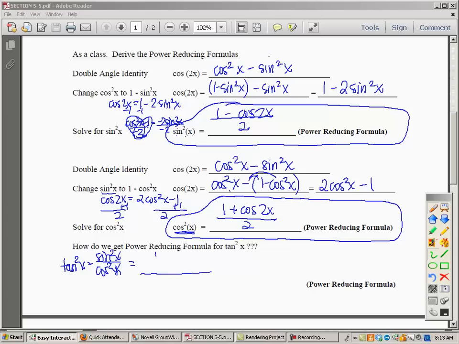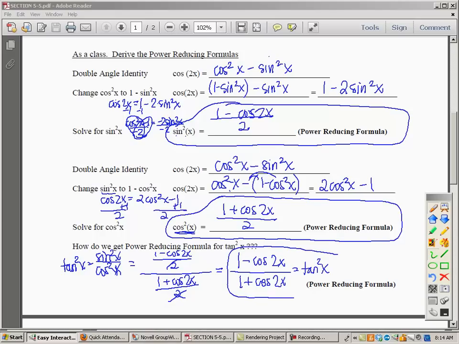My formula for sine squared, 1 minus the cosine double angle divided by 2 over 1 plus the cosine double angle divided by 2. Well, the 2's cancel out, which is wonderful. So what answer do I get? 1 minus the cosine of a double angle divided by 1 plus the cosine of a double angle. That's the power reducing formula for tangent.